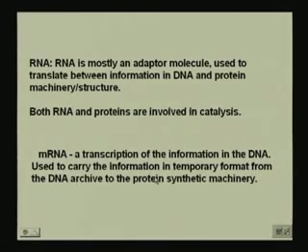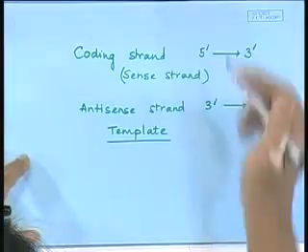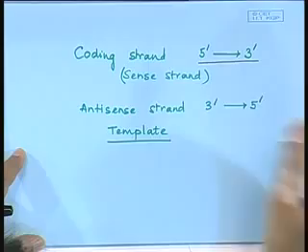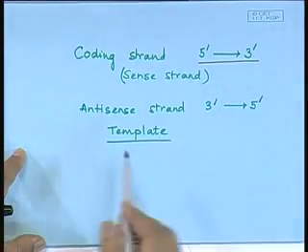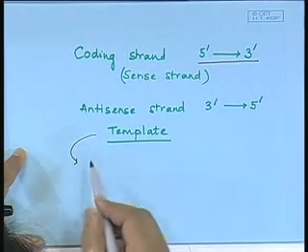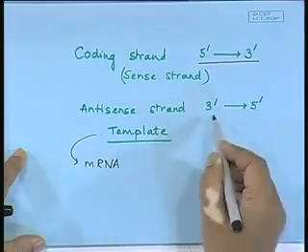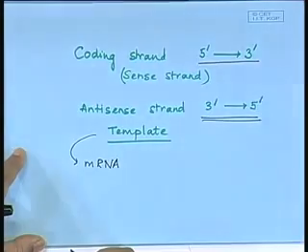Now, how does this occur? If we look at the previous thing that I was showing you here, this coding strand, suppose we have this from 5 prime to 3 prime, the antisense strand, which is the template strand, which is used by mRNA, is the 3 prime to 5 prime strand.